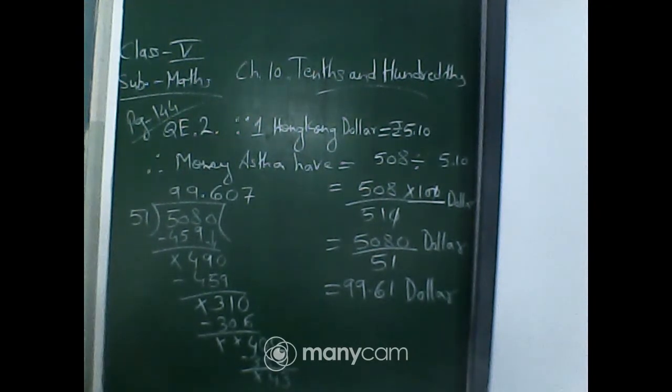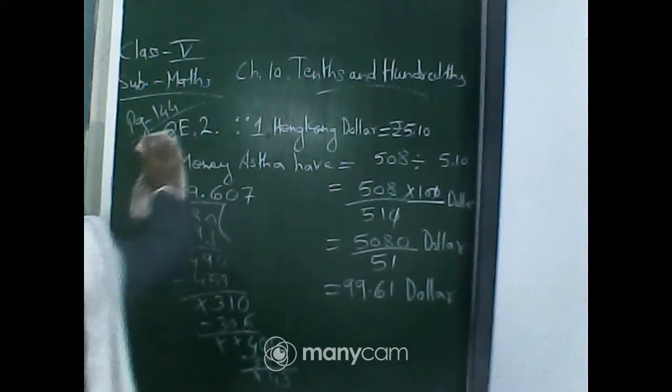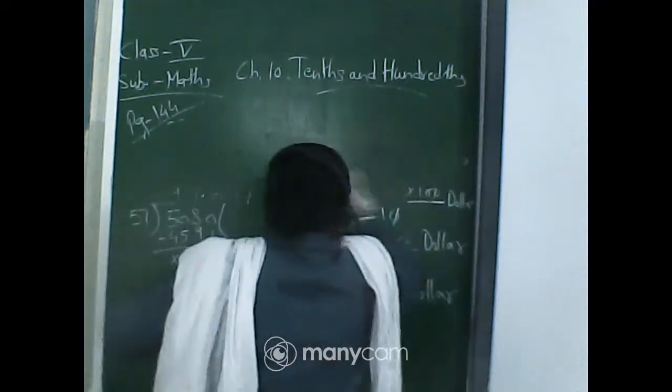$99.61. $99.61. Okay. $99.61. So the answer you will write is that Astha can change $99.61 for rupees. I am writing the answer, okay?